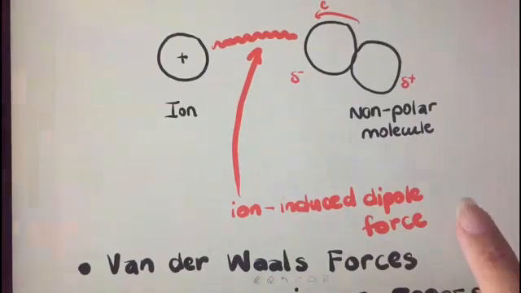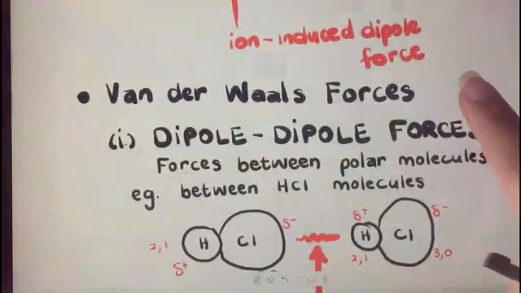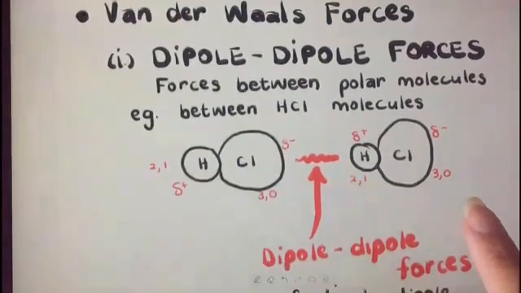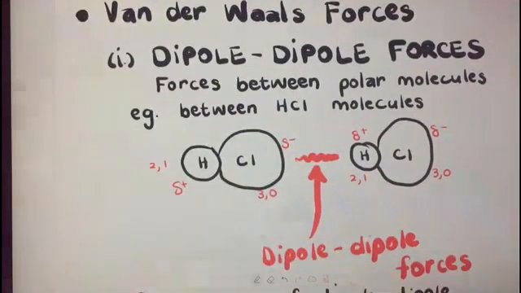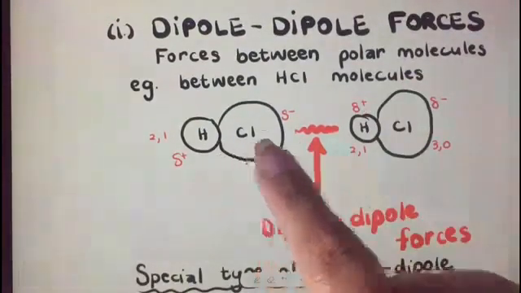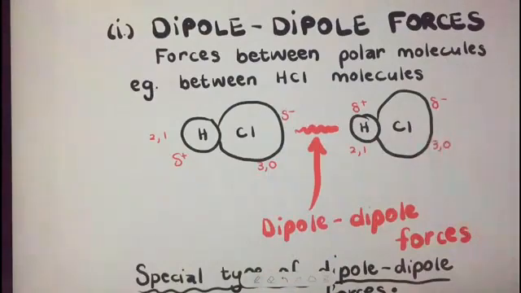Okay. Then our next lot, these are referred to as van der Waals forces, and there are different types of van der Waals forces. The first type is referred to as dipole forces. So now we know these are the forces between polar molecules. An example of that would be, here I've got a HCl molecule, there I've got a HCl molecule.